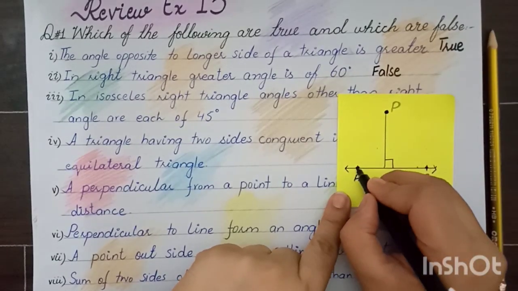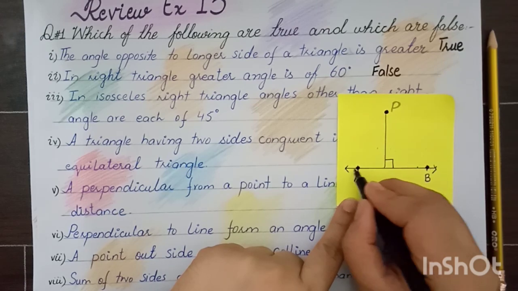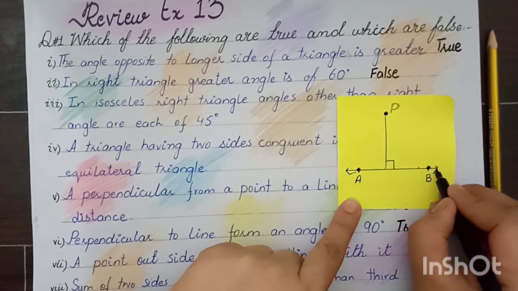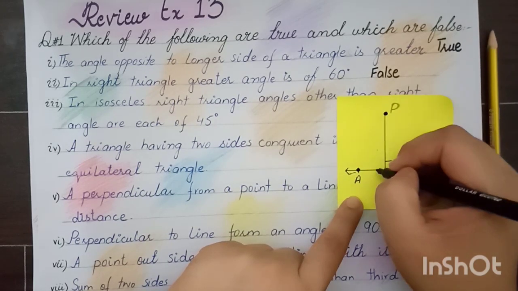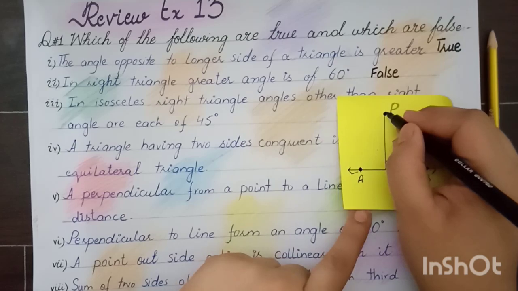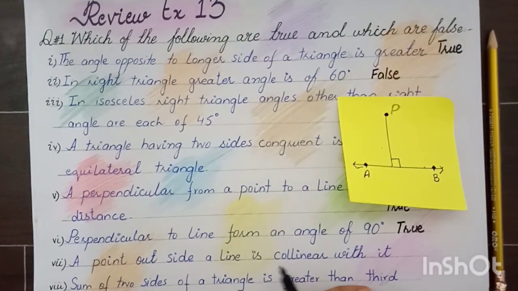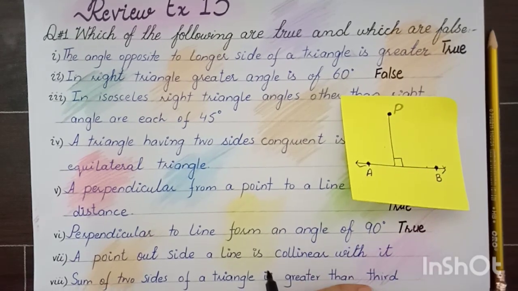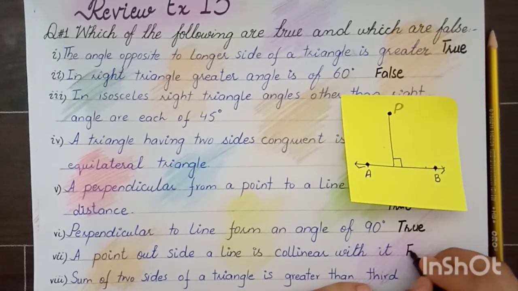For example, these points A and B. Point A is called collinear because this point lies on the line, and P is called a non-collinear point because this point lies outside the line. So a point outside a line is non-collinear with it. The writer says that this is collinear, that's why this is false.